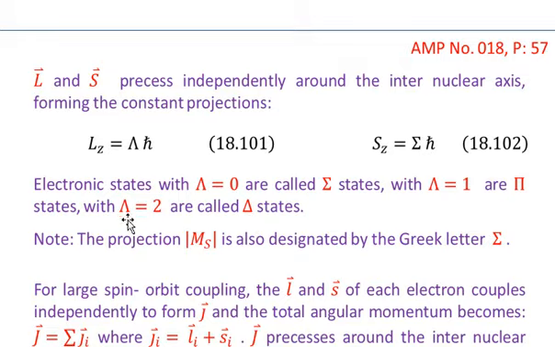Similarly, when capital lambda is equal to 3, the molecular states will be referred to as the phi states. So these are the molecular states: sigma states corresponding to lambda equal to 0, pi states corresponding to lambda equal to 1, delta states corresponding to lambda equal to 2. These are the three initial states that I have discussed for a molecule.